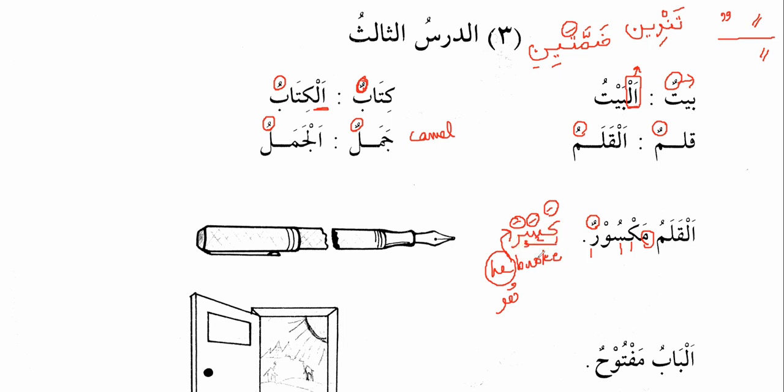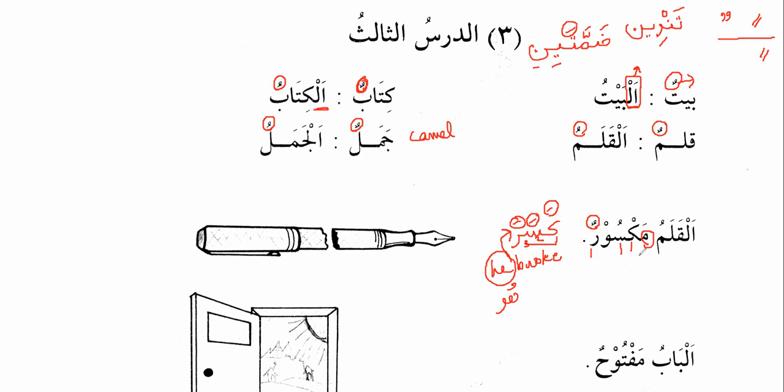Since you all are beginners, in this book usually a three-letter verb is used, but slowly when you proceed to Medina Book 2 and 3, there are a lot of verbs with 4, 5, 6 letters. Inshallah, we will learn about this in our future lessons and books, but for now concentrate on the three-letter verbs.